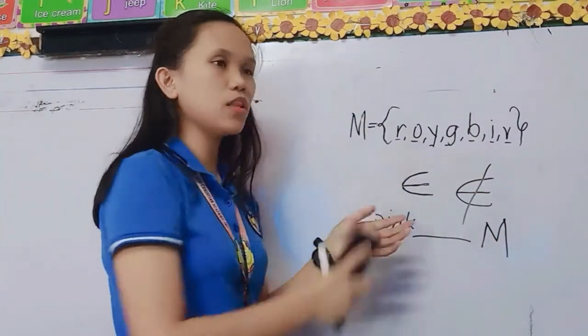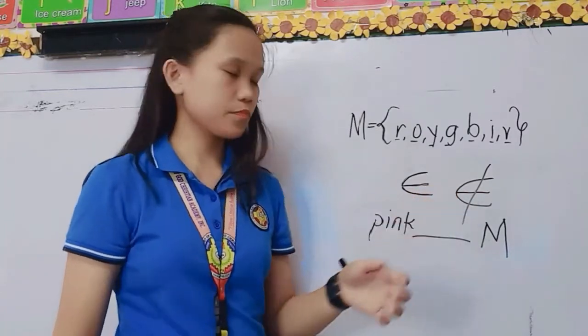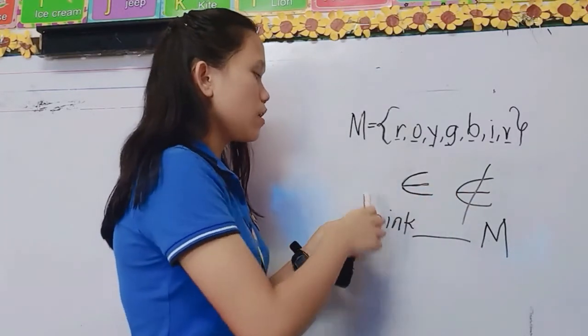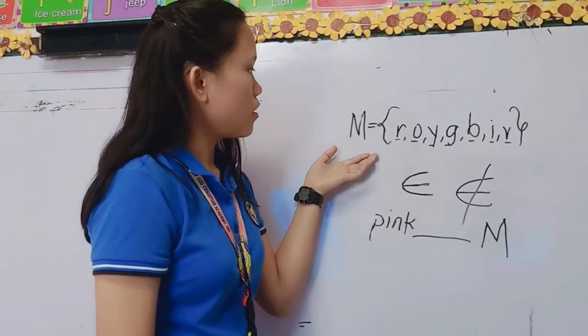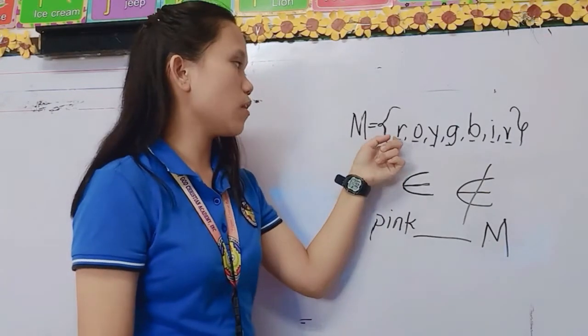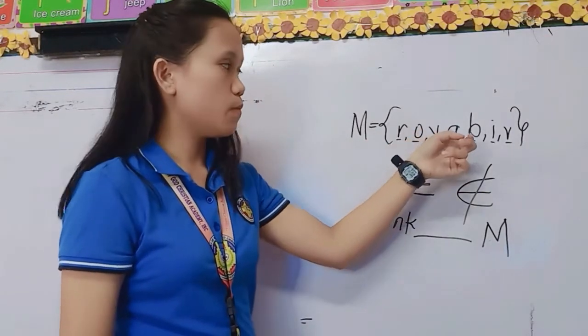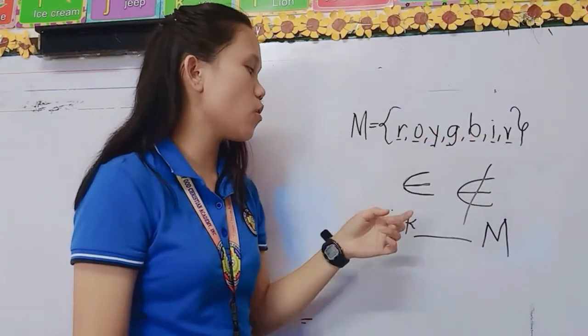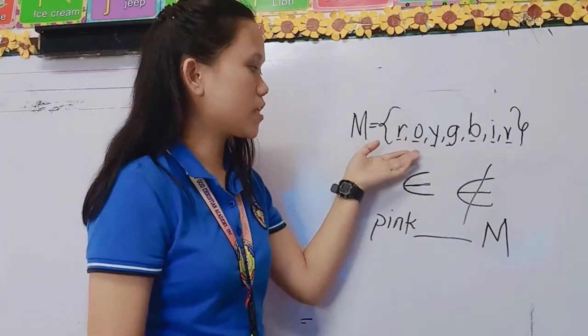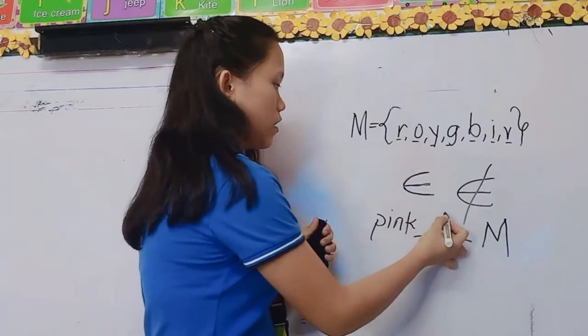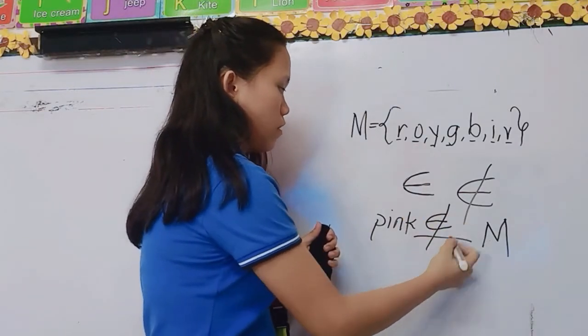Is it an element or not an element? Can you see that the colors of set M contain only red, orange, yellow, green, blue, indigo, and violet? So there's no color pink in the given set. So you're going to put not an element of set M.